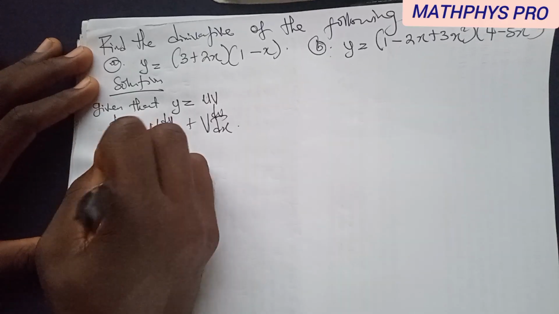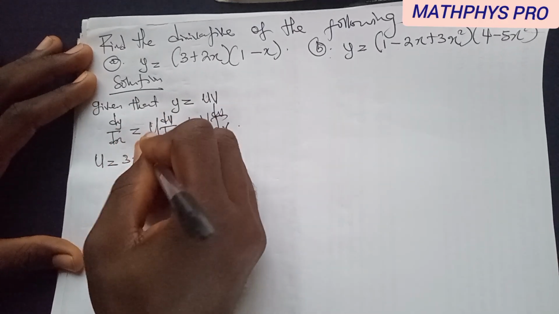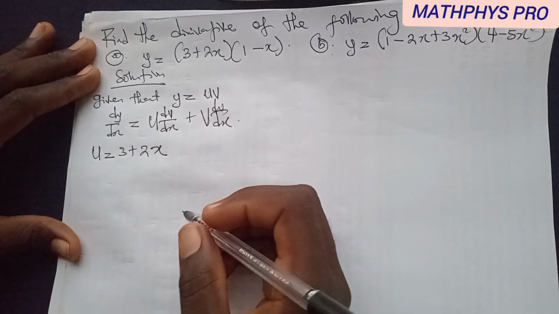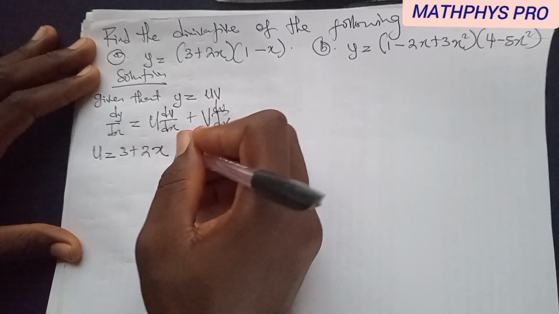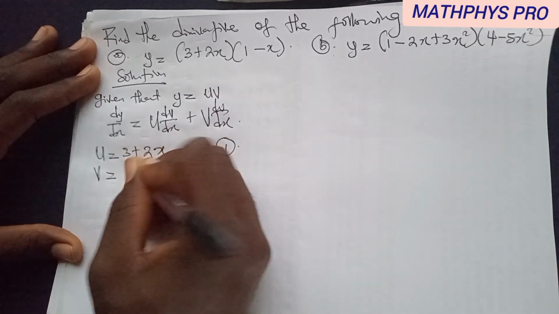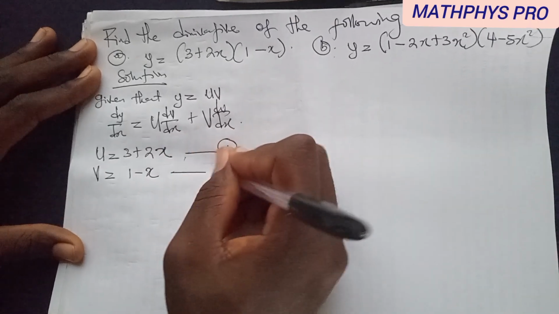Now u is equal to 3 plus 2x, let's call this equation 1, and v is equal to 1 minus x. Let's call this equation 2.